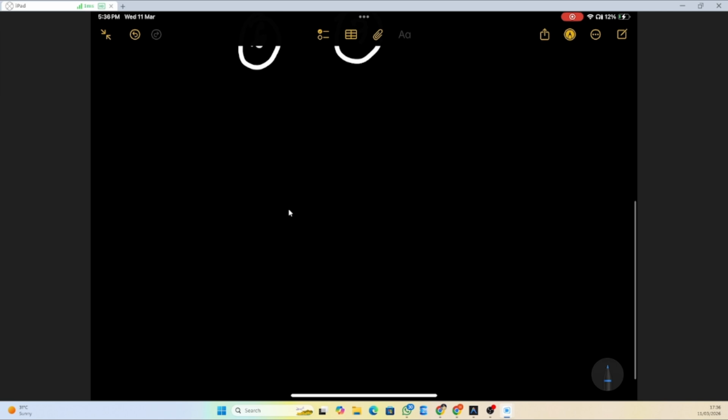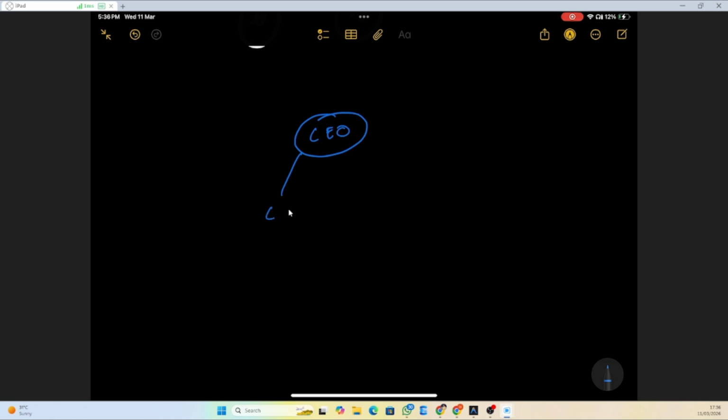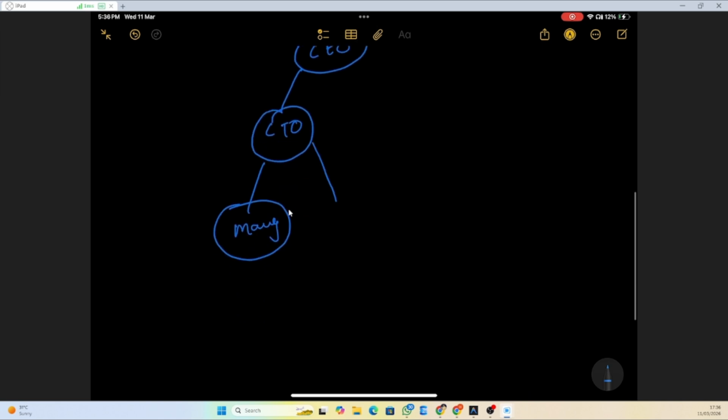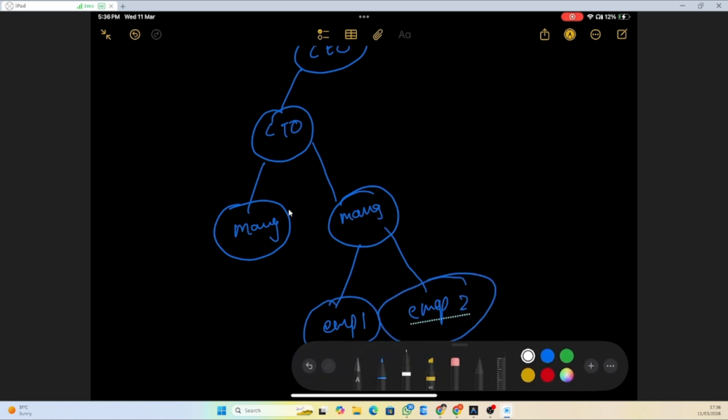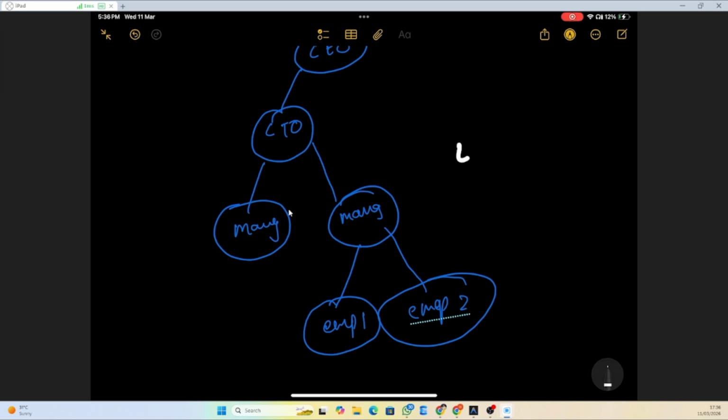Okay, let me explain in another way. There is a CEO of a company. There is a CTO and there are managers, and there are employee 1 and employee 2. Who is the lowest common ancestor?